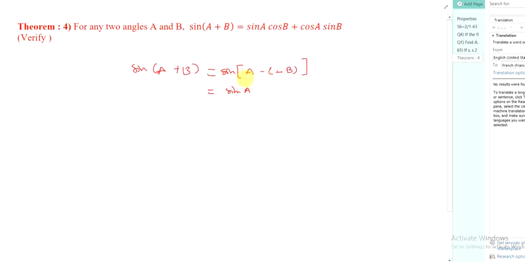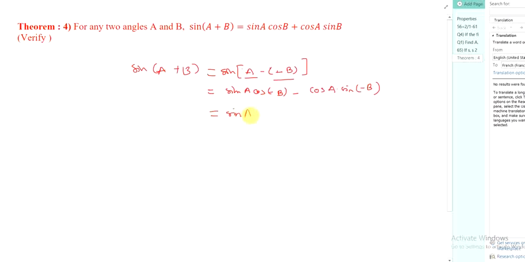So this one is theta and this is another theta. Now sin(A − B) is equal to, from the above result, sin A into cos(−B), again we have a negative sign there, and cos A into sin(−B).